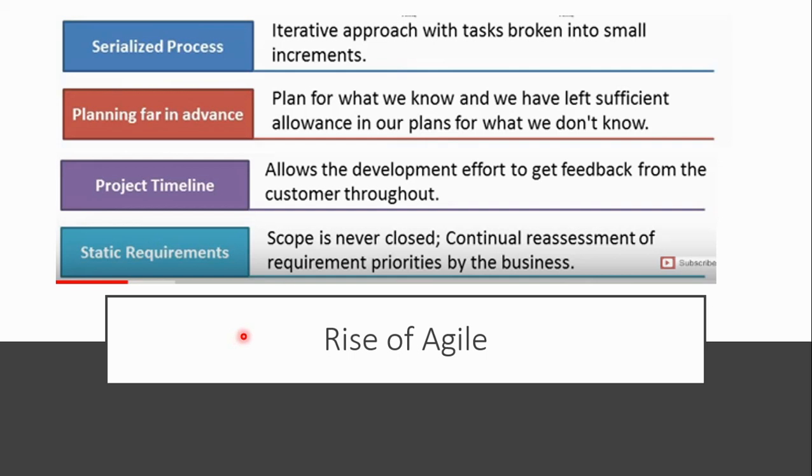So the rise of agile, basically why agile was more preferred, was due to its iterative approach and the values that they introduced, because the tasks are broken down into small incremental functions, and you follow many iterative cycles.